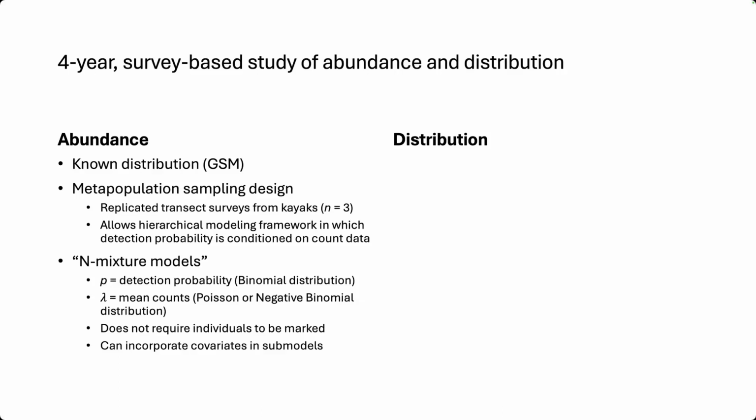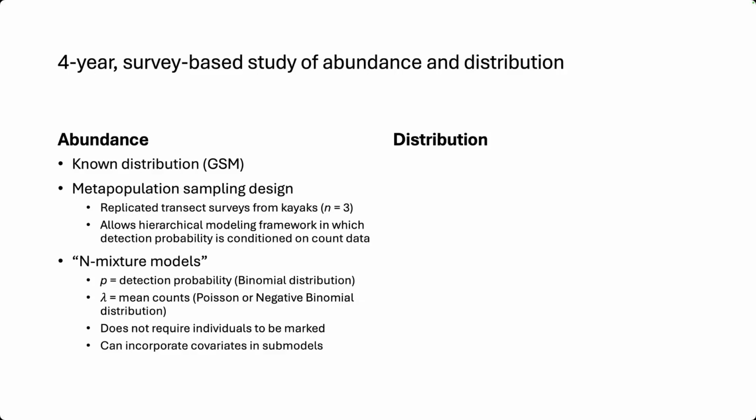So this is a canonical distribution for modeling detection. And then we also are interested in lambda, which is the mean count of a survey. We usually model counts based on a Poisson or negative binomial distribution. Together, we can perform these N-mixture models to obtain estimates of abundance without the requirement that the individuals be marked.